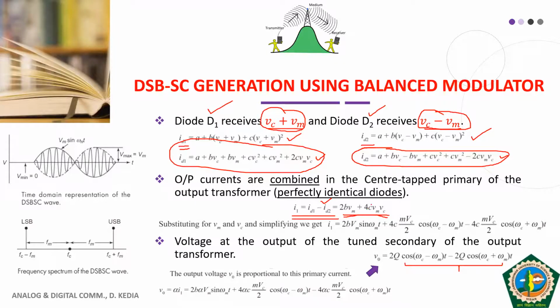So this 2B and 4C are nothing but constants, or coefficients of these terms. We have mainly two terms: one is the modulating signal term, and another is the multiplication of the two terms, VM and VC. Now we will substitute the values of VM and VC. Once we do that, we get the modulating signal, the lower sideband, and the upper sideband.